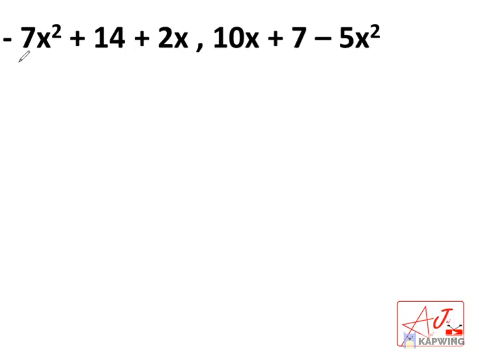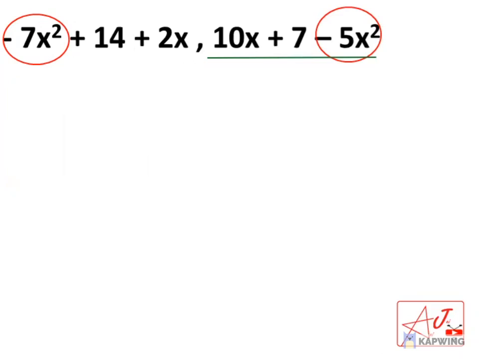So, since nagsisimula tayo kay 5x squared, hanapin natin yung term dito sa part na ito na kaparehas nito na may x squared. Ito pong negative 5x squared. So, pares po silang x squared, ibig sabihin, pwede natin silang pagsamahin.